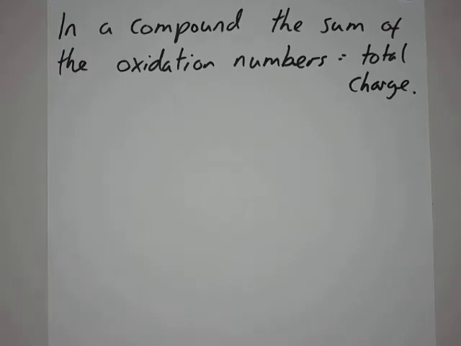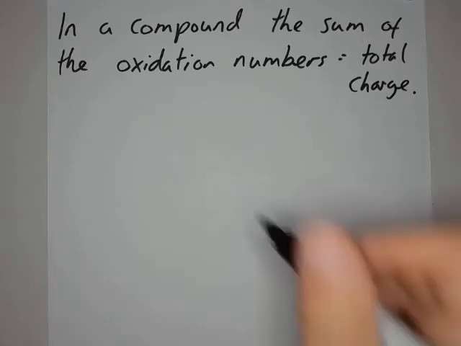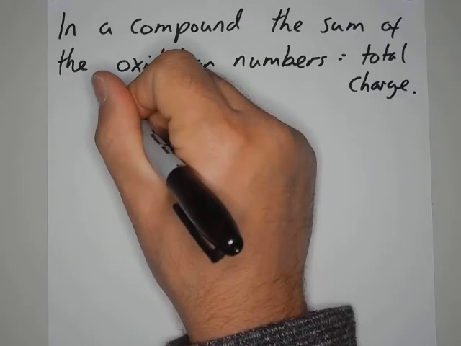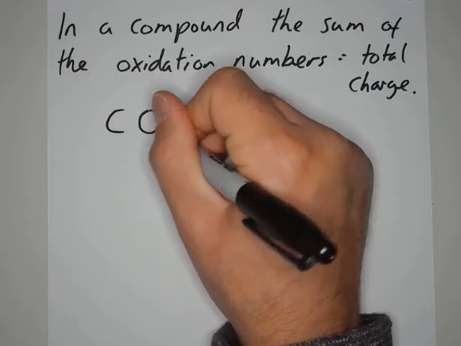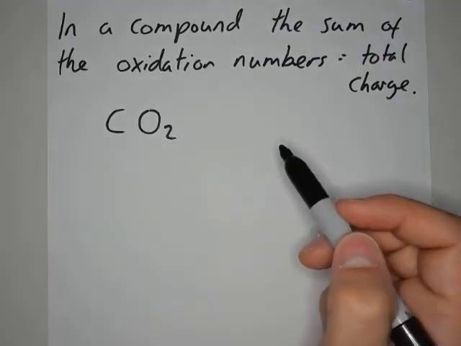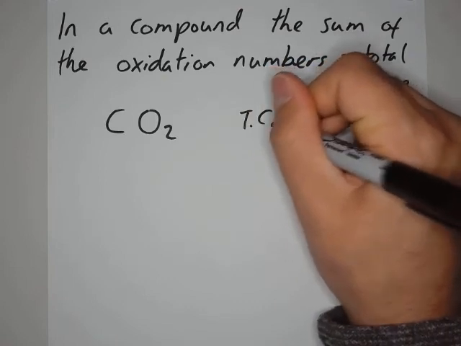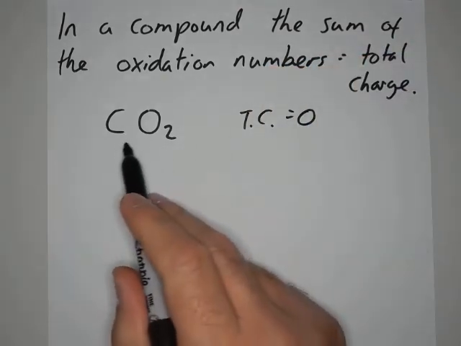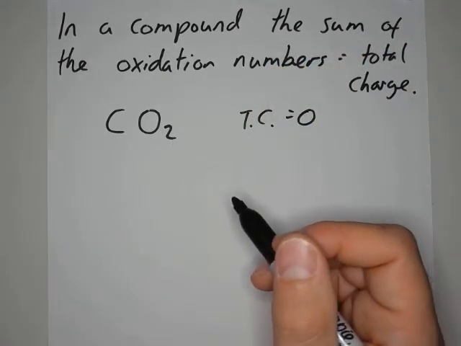Well, if they're compounds, the sum of the oxidation numbers has to equal the total charge. So let's have a look at an example of that. Let's take CO2. The total charge of this is 0. So say TC, total charge equals 0. So the oxidation numbers have to add up to 0.